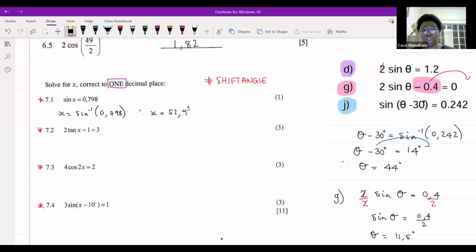We'll go see for which one? For the first one? For 7.2? No, my darling. Let's check again. Check again.